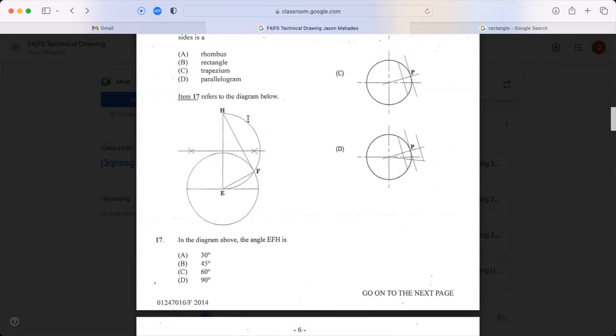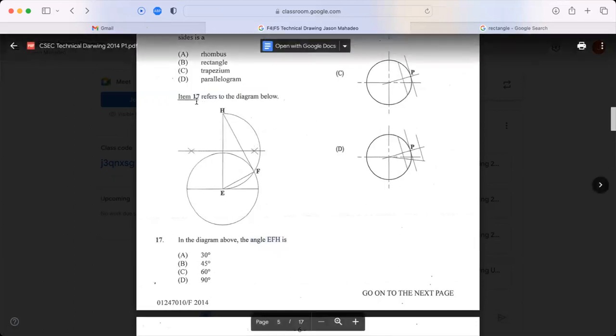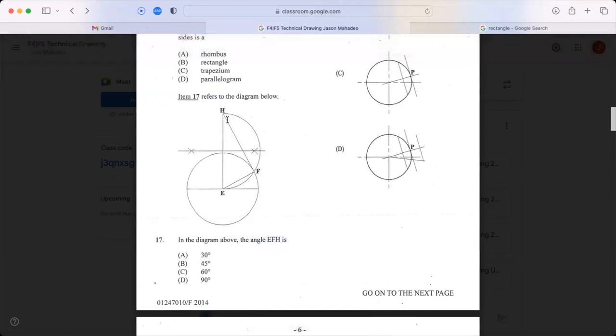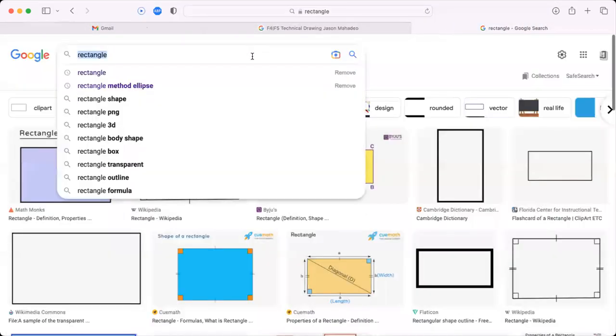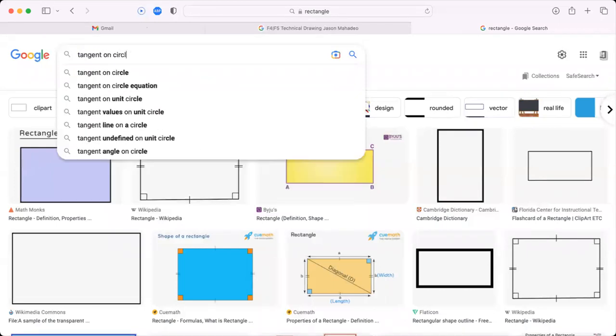And the key to knowing why this is, I mean, you can kind of look at it and see it's 90 degrees. But let me show you. This is what you call a tangent, right? You all understand what a tangent is. A tangent touching the point of a circle is usually perpendicular to the radius of the circle.